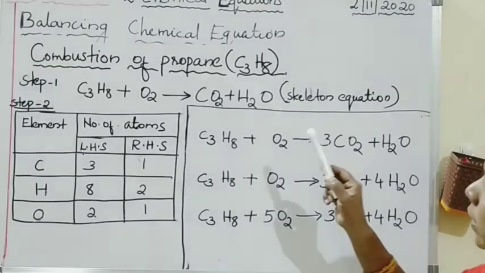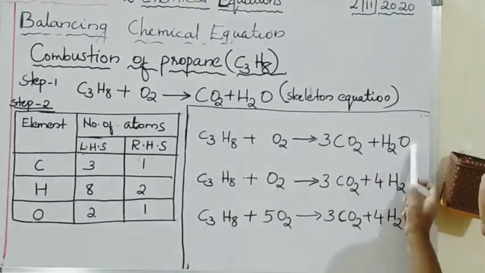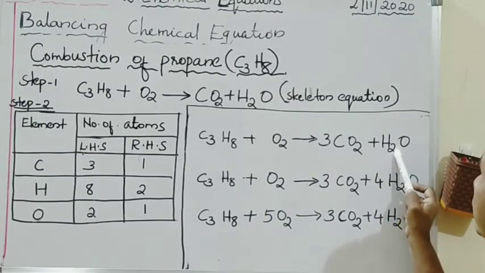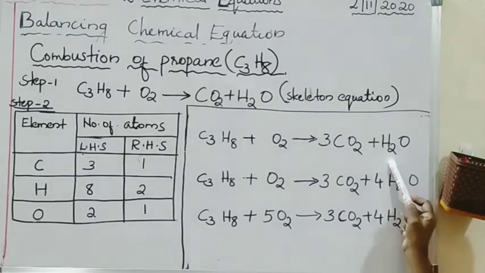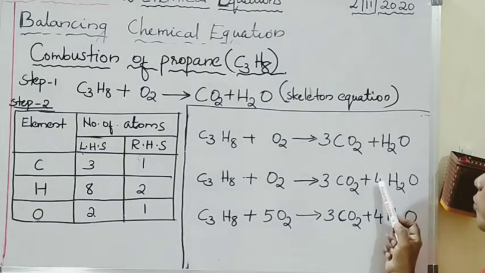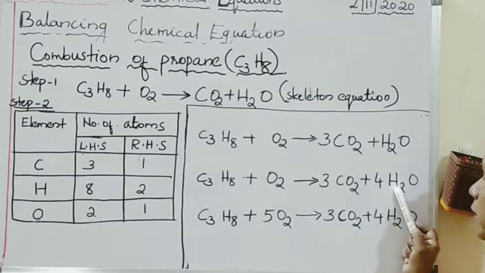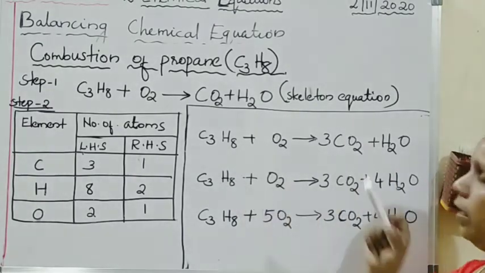Understood? Therefore we have to keep the hydrogen coefficient as 4. Now we have 8 hydrogen atoms in the RHS and 8 hydrogen atoms in the LHS.